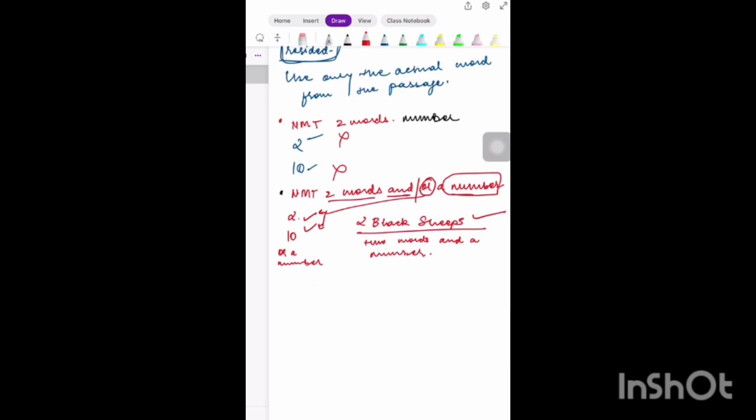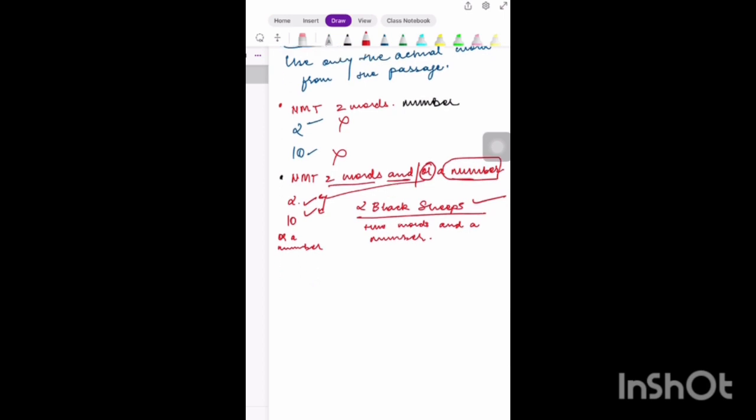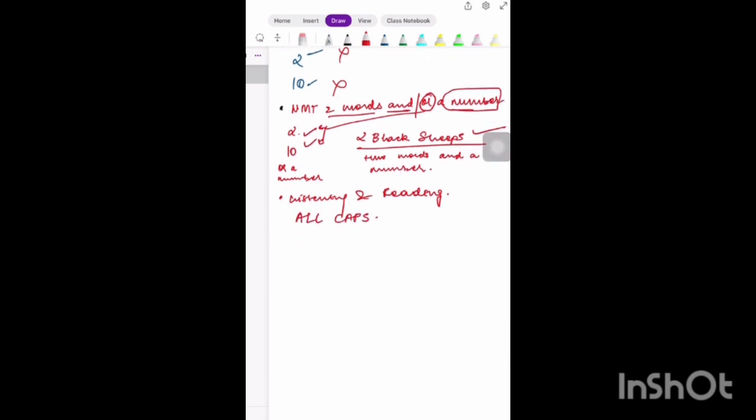Now, the most important tip in writing, listening and reading questions. Speaking, obviously you have to speak, and in writing you write as you normally write, but this is a tip for both listening and reading: you have to write in all caps. Whatever you write, the answer should always be written in capital letters.